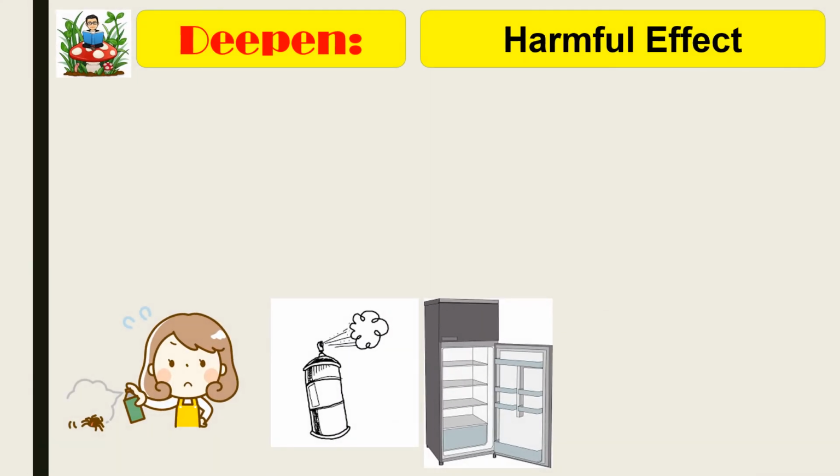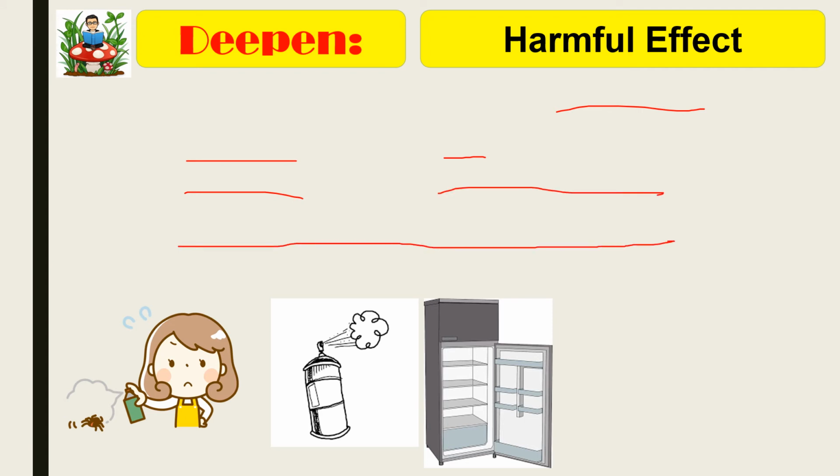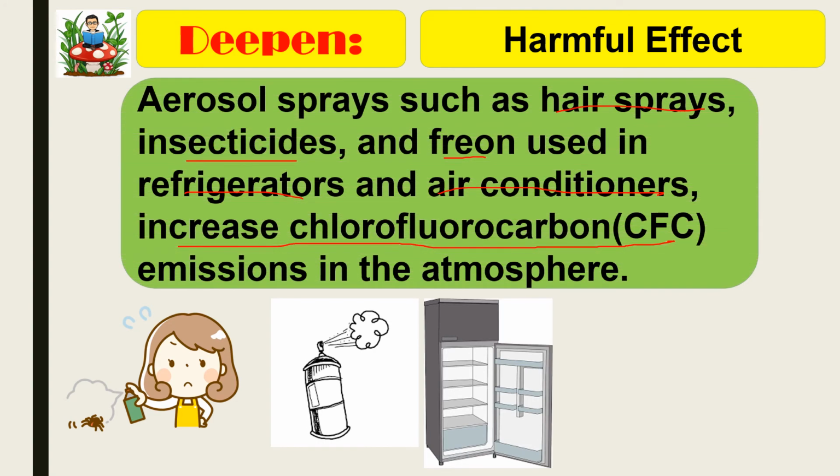Another harmful thing is aerosol spray such as hairspray, insecticide, and freon used in refrigerators and air conditioners, which increase chlorofluorocarbon emission in the atmosphere. What is CFC? Chlorofluorocarbon. This is the thing that destroys our ozone layer. The ozone layer protects us. It is a part of the Earth's atmosphere that filters the UV rays from the sun, so that our skin will not be irritated by those UV rays.